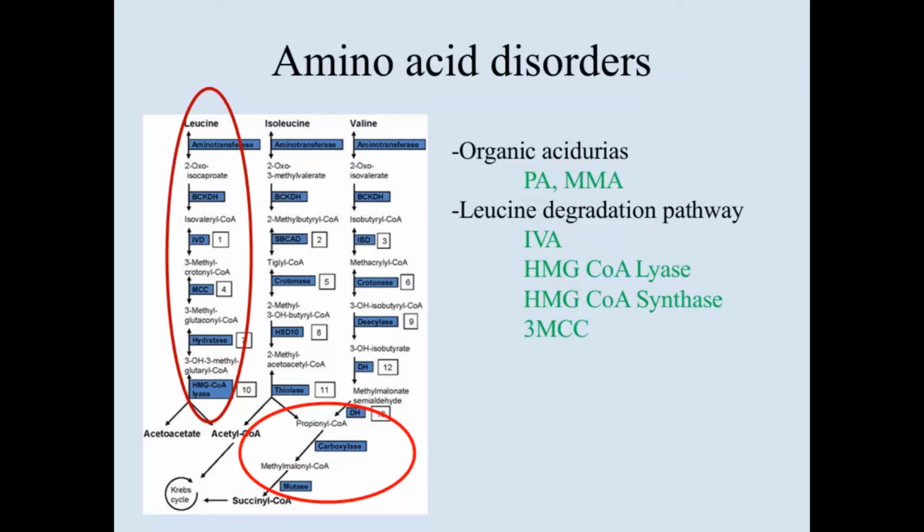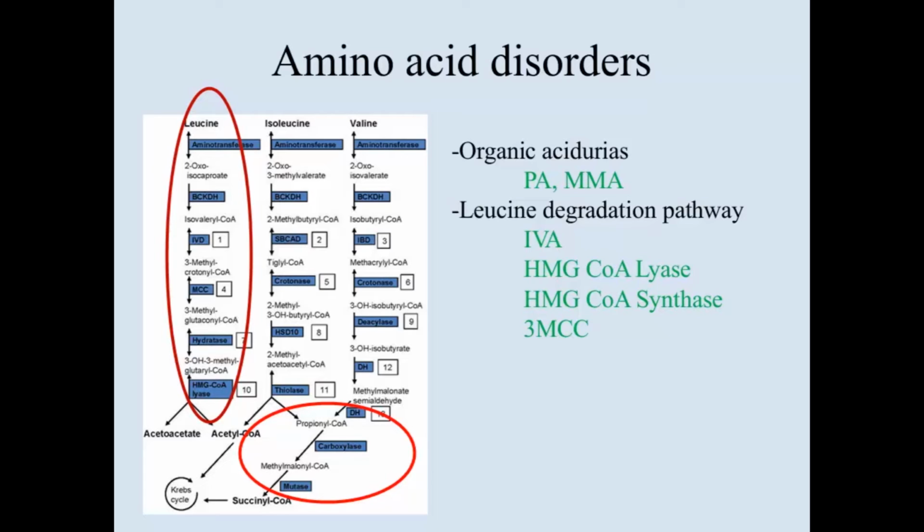And so defects down here lead to the inability to produce succinyl-CoA, which then goes into the Krebs cycle or the citric acid cycle. So that's where the problem lies, an inability to do part of the cell's energy production. And the leucine degradation pathway is obviously from leucine, and there are several disorders. Pretty much all of these enzymes can have a disorder associated with them.